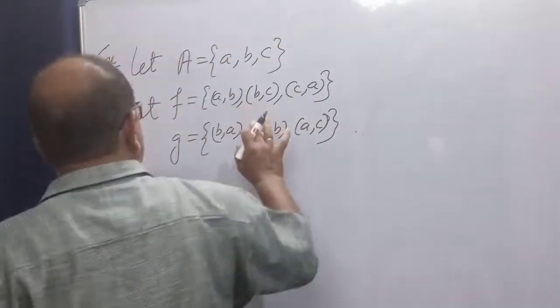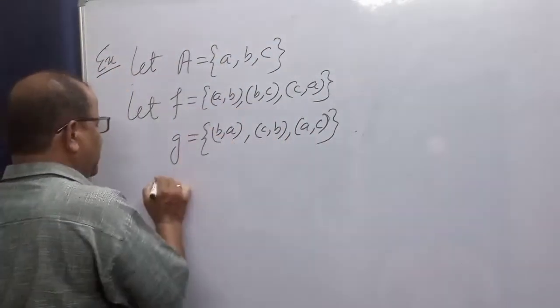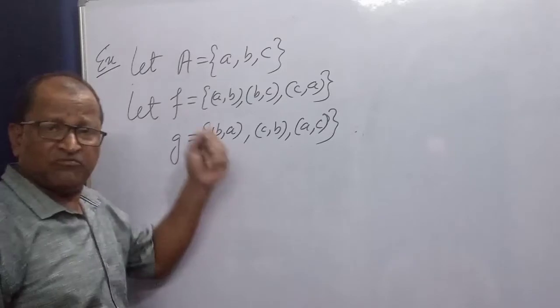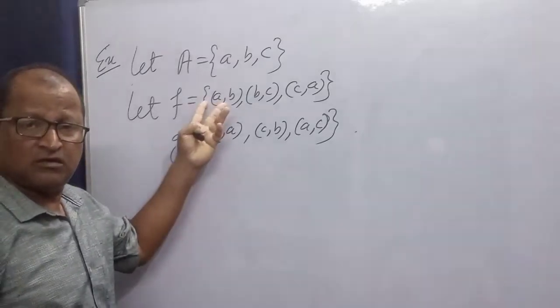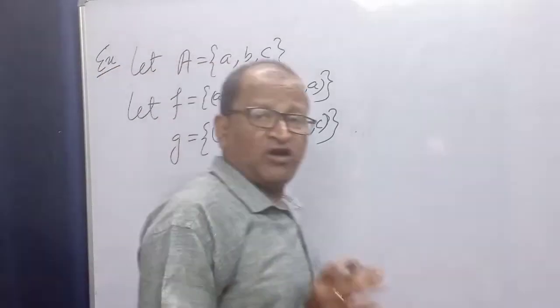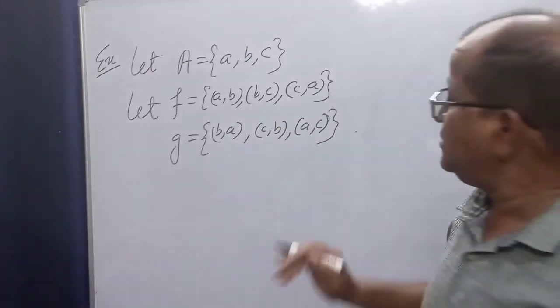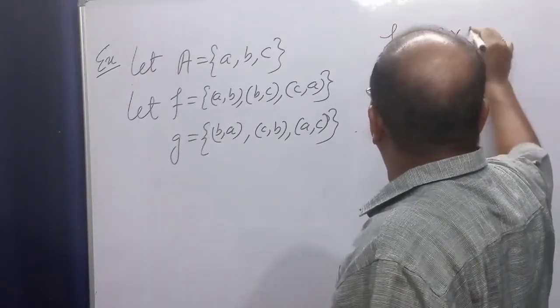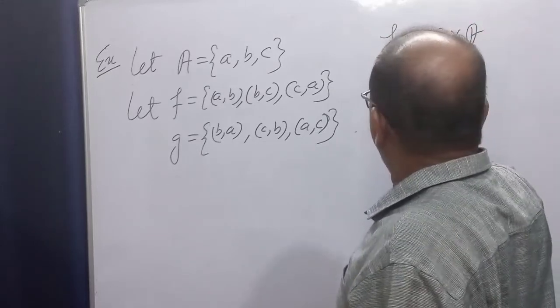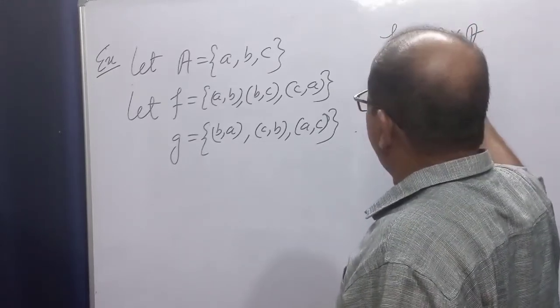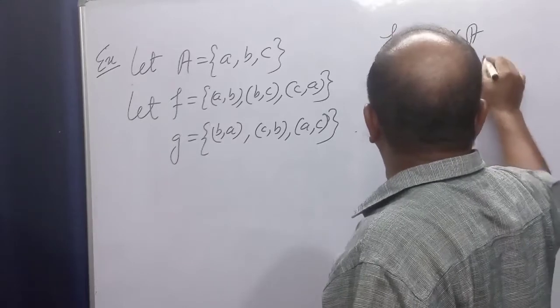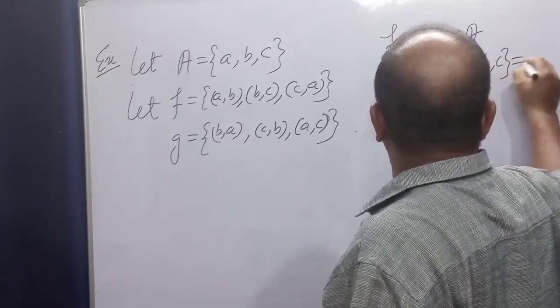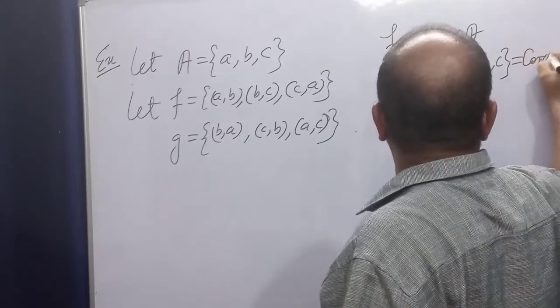Yes, f is a function. What is the domain of f? Is it a function? F is a function or not? What is a function? A function is a relation. It is a subset of a Cartesian product A cross A. What is its domain? Domain of f is equal to {a, b, c}, and that is also equal to its codomain.